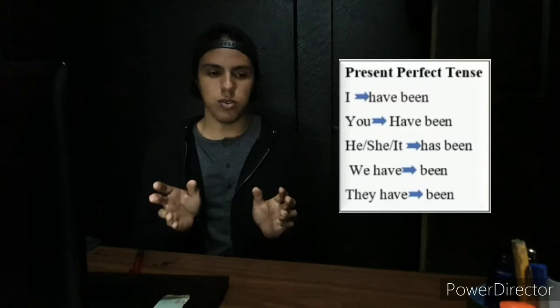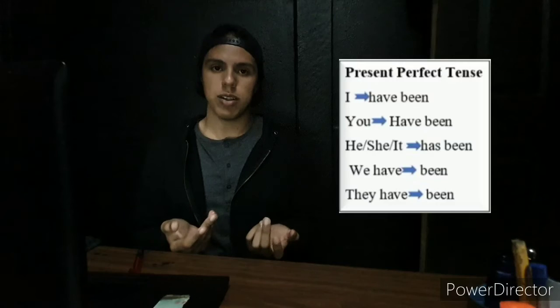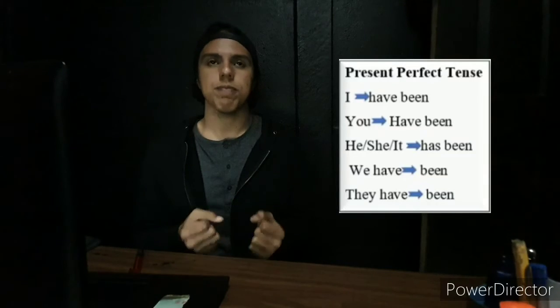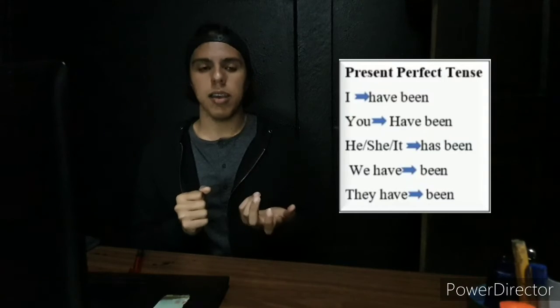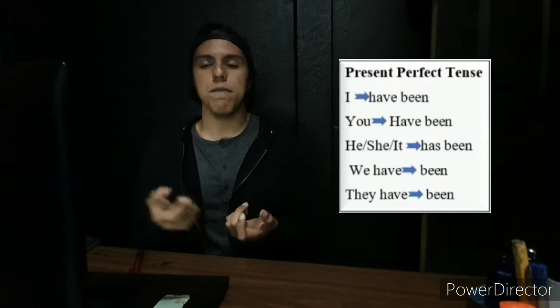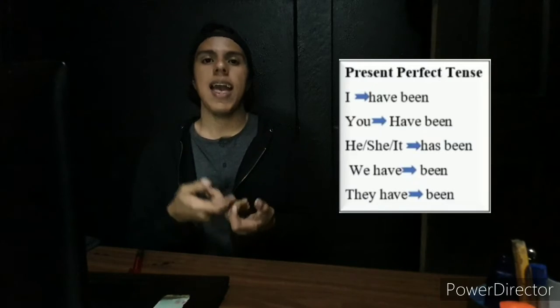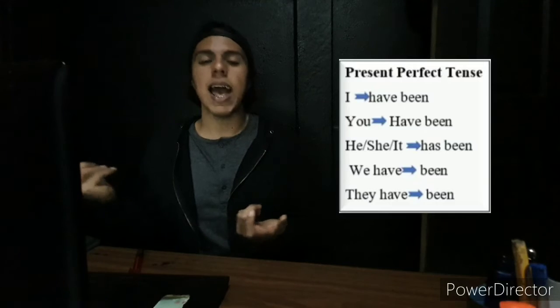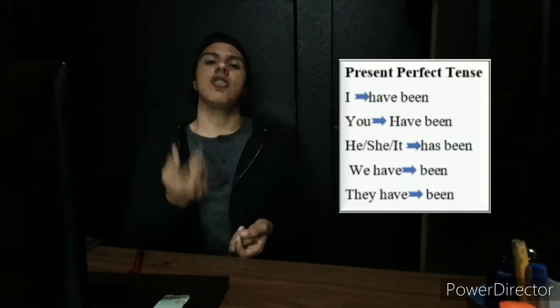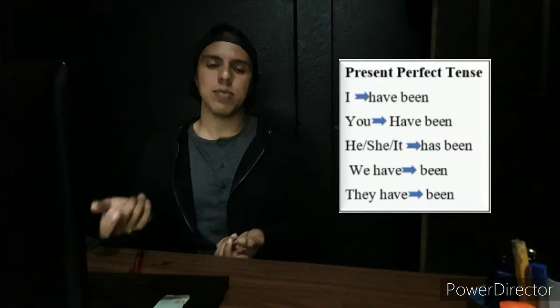Now, talking about the present perfect, we must use have been or has been depending on the subject, right? When we use I, we use have been. I have been in the park. With you, have been. You have been in my house. With she, he, or it, we use has been.